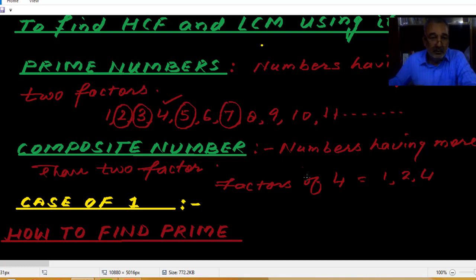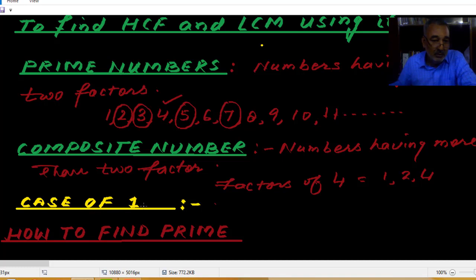You may revise this area of prime numbers and composite numbers from your previous classes. I have a book of lower class 5th, 6th, and you can find out what prime numbers are. Case of 1. 1 is neither prime nor composite as it has only one factor.